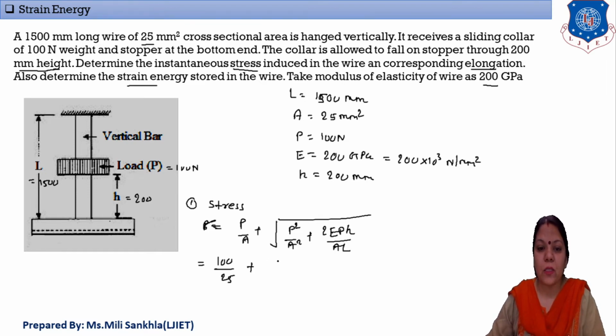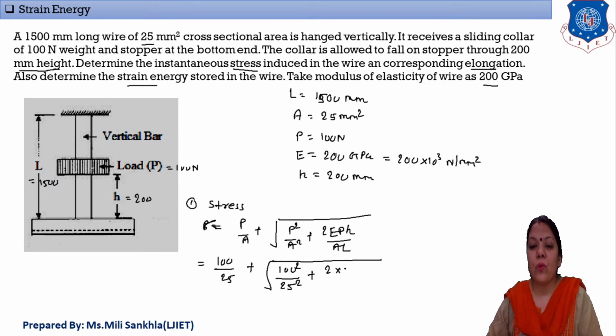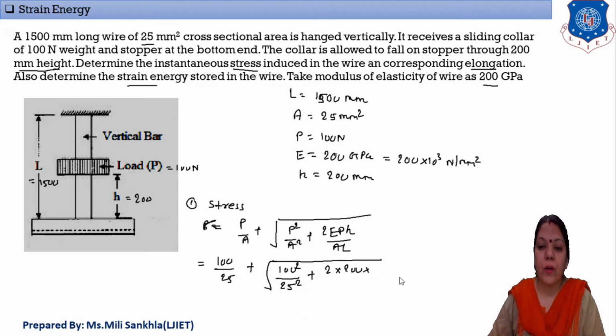Then plus under root, P square is 100 square, A square is 25 square, plus 2 into E, which is 200 into 10 raised to 3.